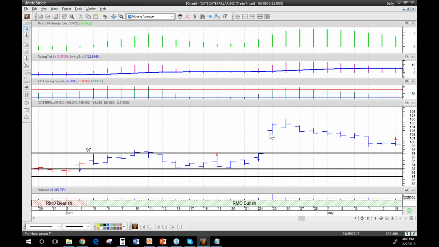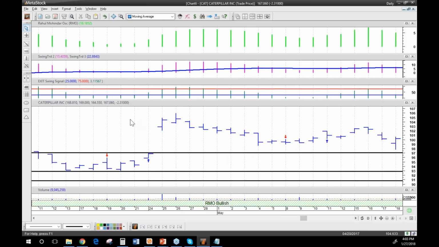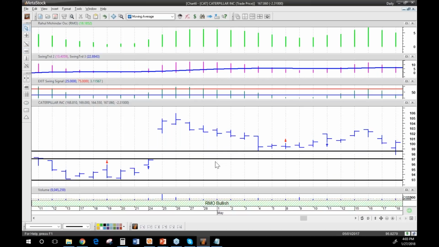The very next day it gaps up, and then we start to kind of repeat the process all over again. We come back down. We have that shift of momentum or that shift of force. Still goes up a little bit more. In this case, we're going to go ahead and move up our stop loss to probably about right here. So there's our new stop loss.